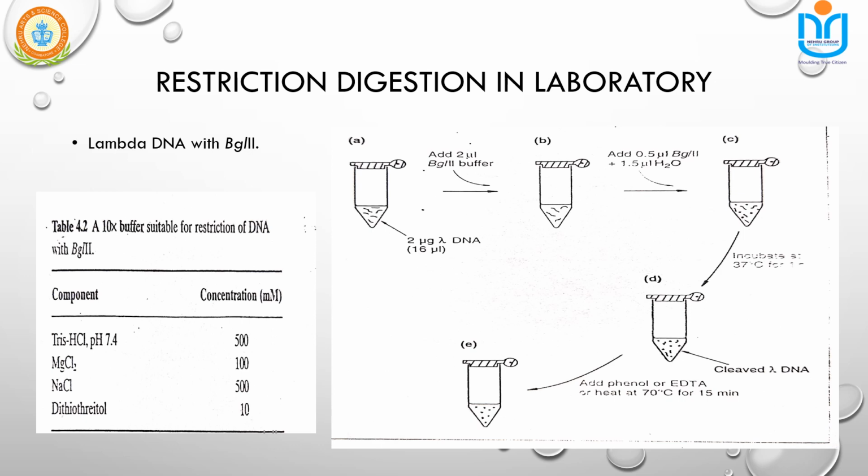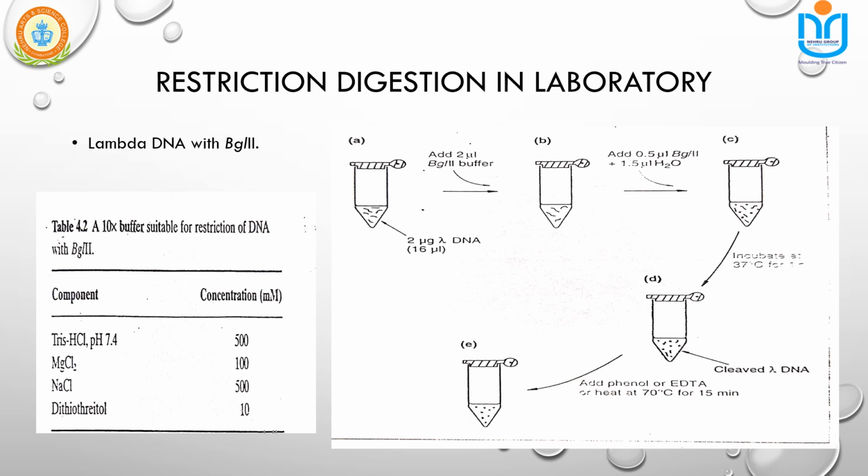The buffer used contains Tris-HCl, magnesium chloride, sodium chloride, and DTT. In this example, a suitable final volume for the reaction mixture would be 20 microliter. So we add 2 microliter of 10x BglII buffer to the 16 microliter of DNA already present.